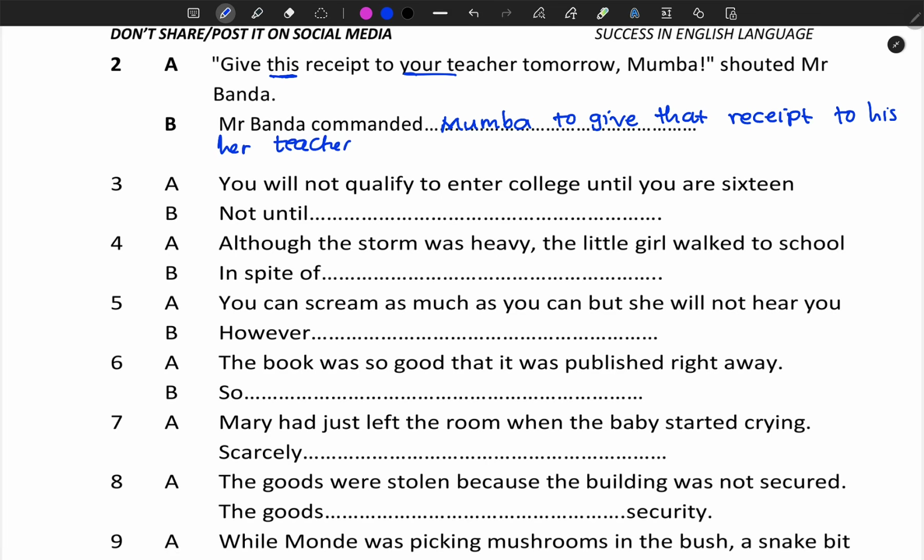So to her teacher. "Tomorrow" changes to "the following" slash "next day." Just like that.